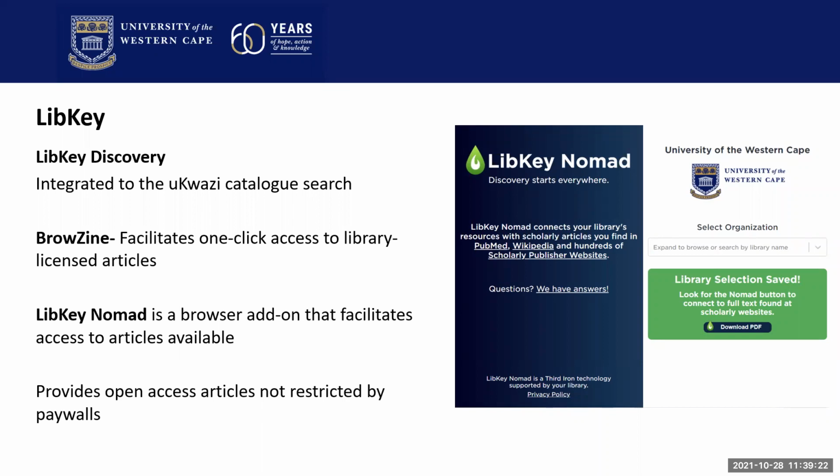Then we have the LibKey Nomad browser, which is what I'm talking about today. I have included LibKey Nomad because its functionality is in line with the movement of open access. So the LibKey Nomad browser extension facilitates access to articles that are available and those that are not restricted by paywalls. So that's the reason why I included it today, despite it being part of a product that is paid for.